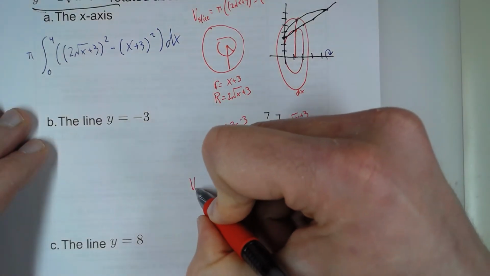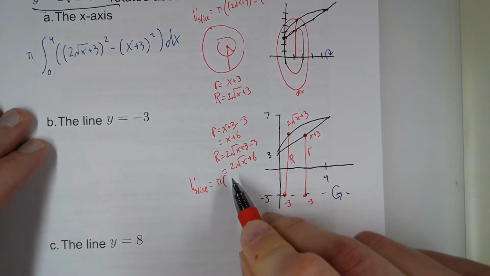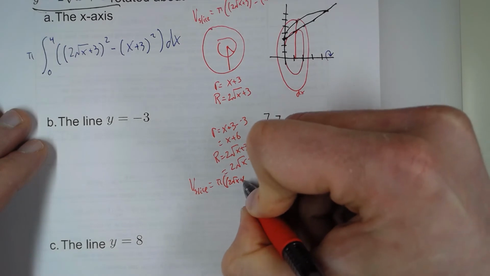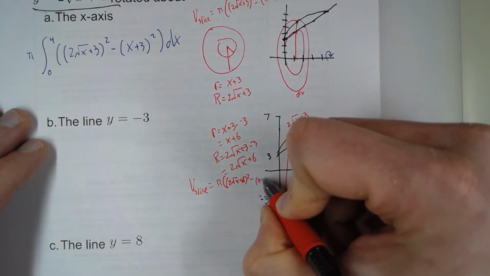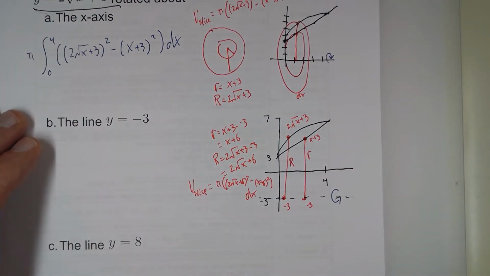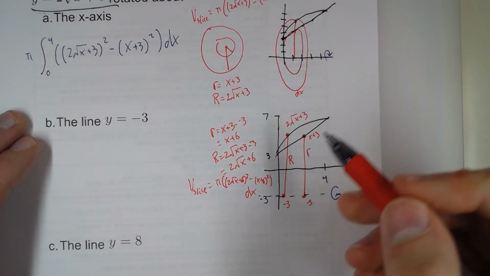So the volume of this slice is going to be pi. And then we have big R squared, so that's 2 square root of x plus 6 squared minus little r squared, x plus 6 squared dx. Because again, these slices are going to be stacked this way.